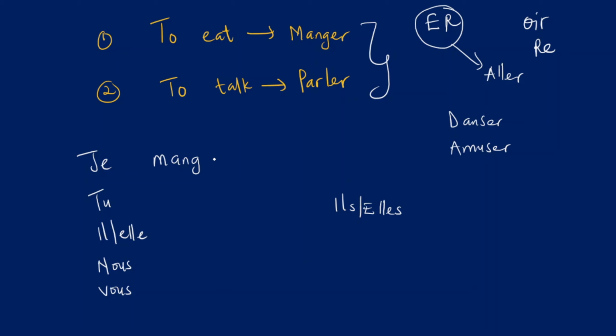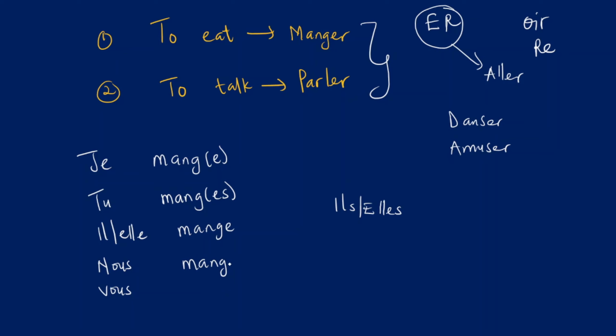For je, it will have E. For tu, okay, this one we have ES. It's still tu manges. This one is je mange, tu manges. This one is mange. This one we just have the E, right? And nous mangeons.